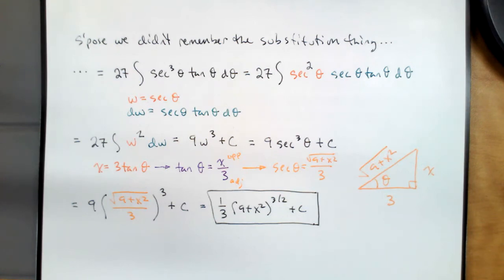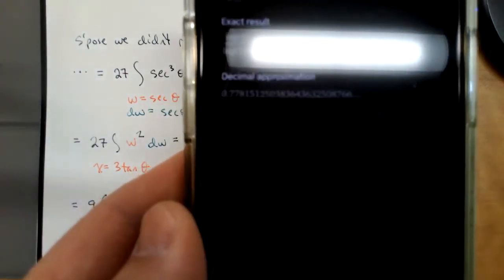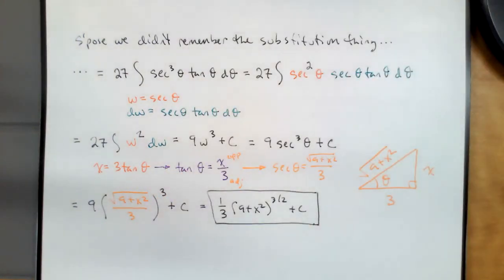And she's getting this from Wolfram Alpha, and it's got a decimal approximation that goes to a bonkers level. I mean, no one needs that many decimal places. Thank you, Siri.